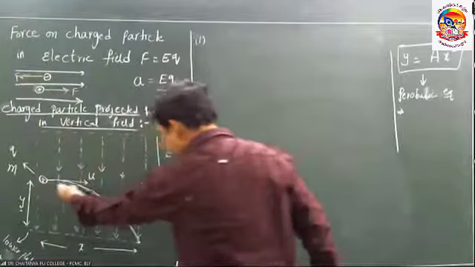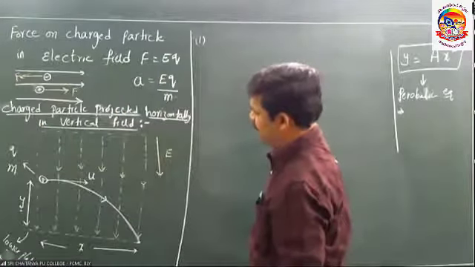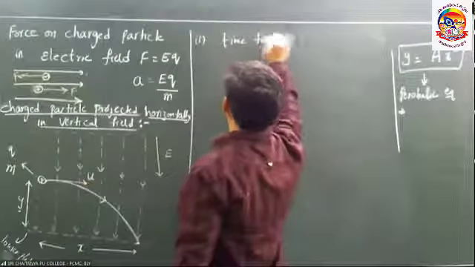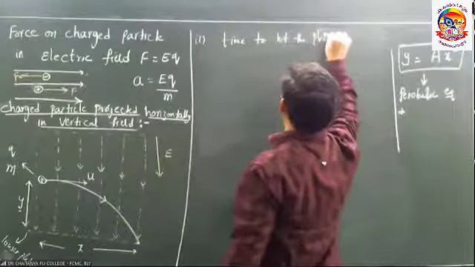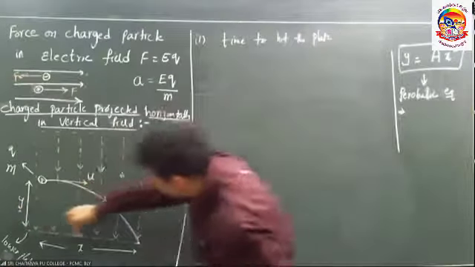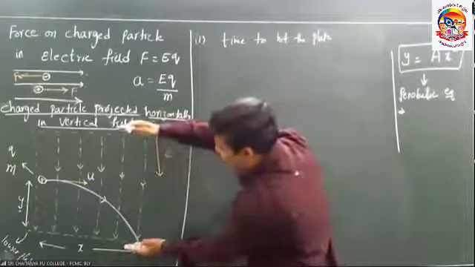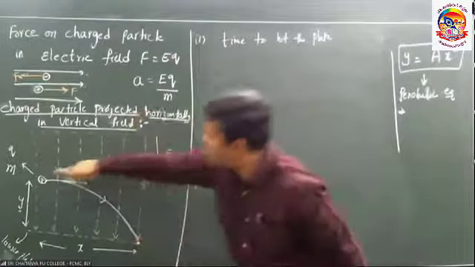So it is moving in this direction. Let us take the vertical direction. Time to hit the plane. If this is a negative plate, lower plate, then to apply the electric field, here should be a positive plate, here should be a negative plate.